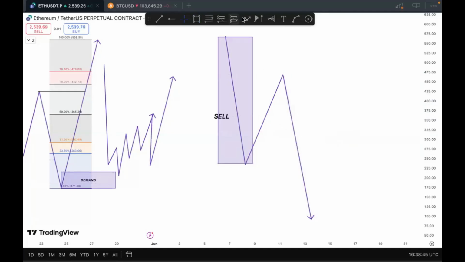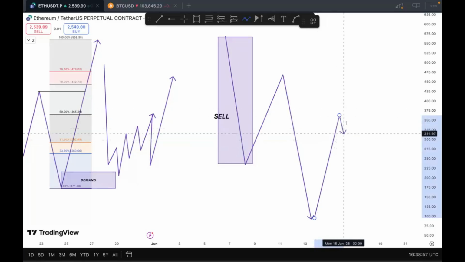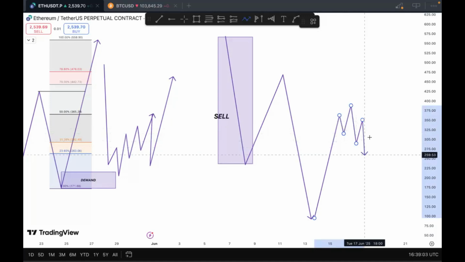So let's say we have a structure. Because remember, this strategy is a reversal. So when it gets to that zone, price is going to reverse. Price is going to give you a sign of reversal.